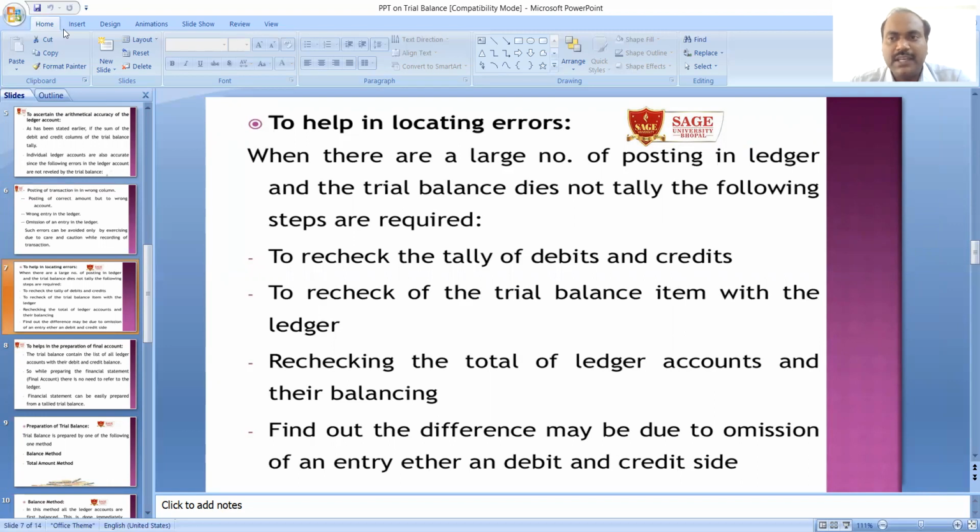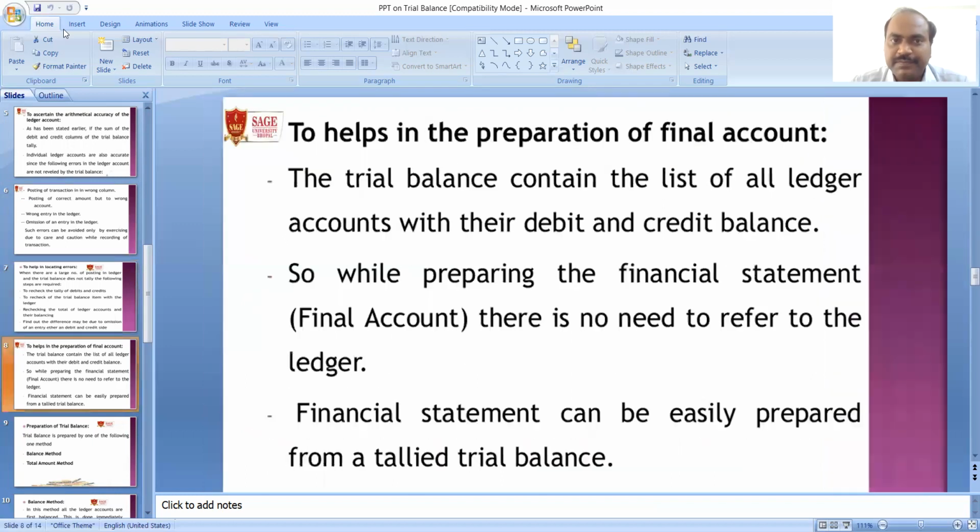We should recheck the trial balance items with the ledger, and recheck the totals of ledger accounts and their trial balances, and find out whether the difference may be due to the omission of an entry on either the debit or credit side.